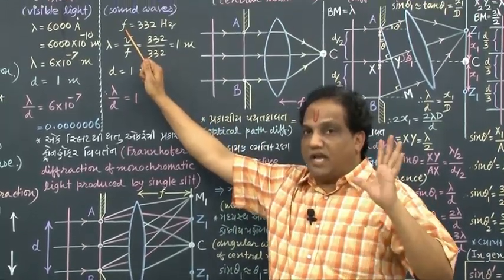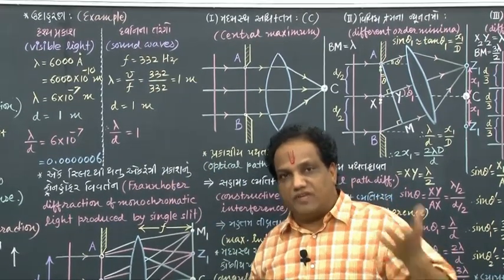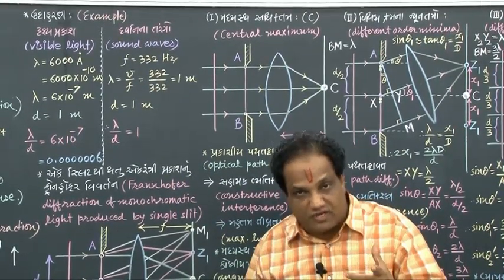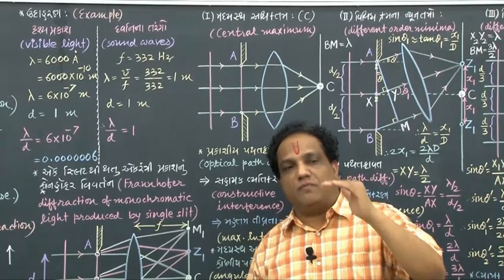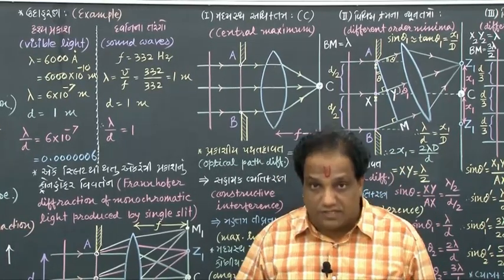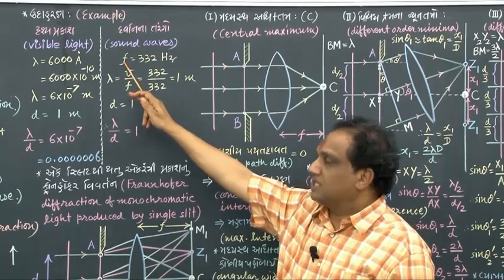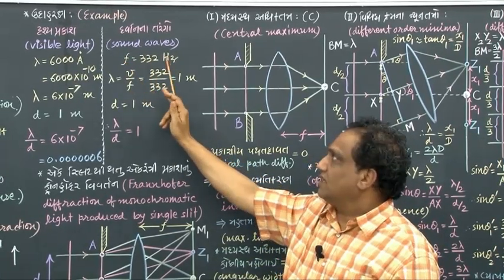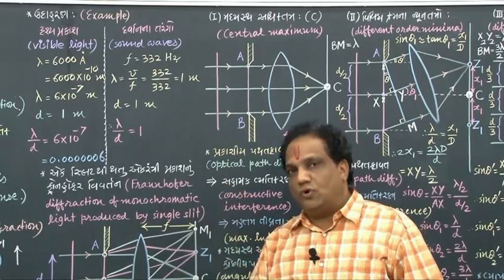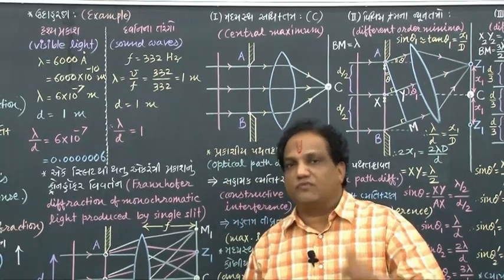In our day-to-day life, whatever speech we have, it has frequency of sound waves ranging from 100 to 400 hertz. We can take any intermediate value. Suppose conveniently I am choosing this value, frequency 332 hertz. Now don't you know V equals to F lambda? So what is lambda?